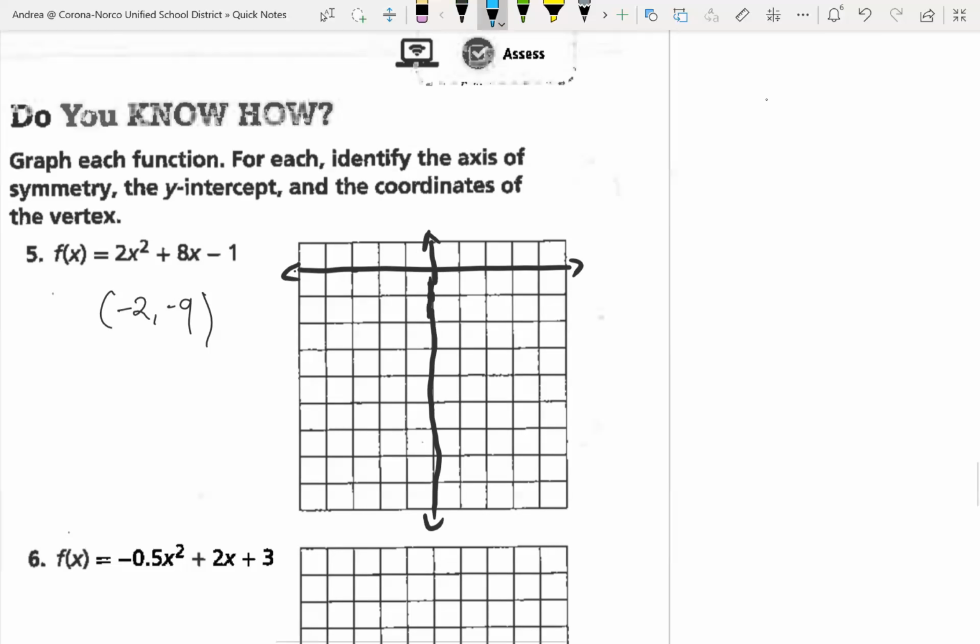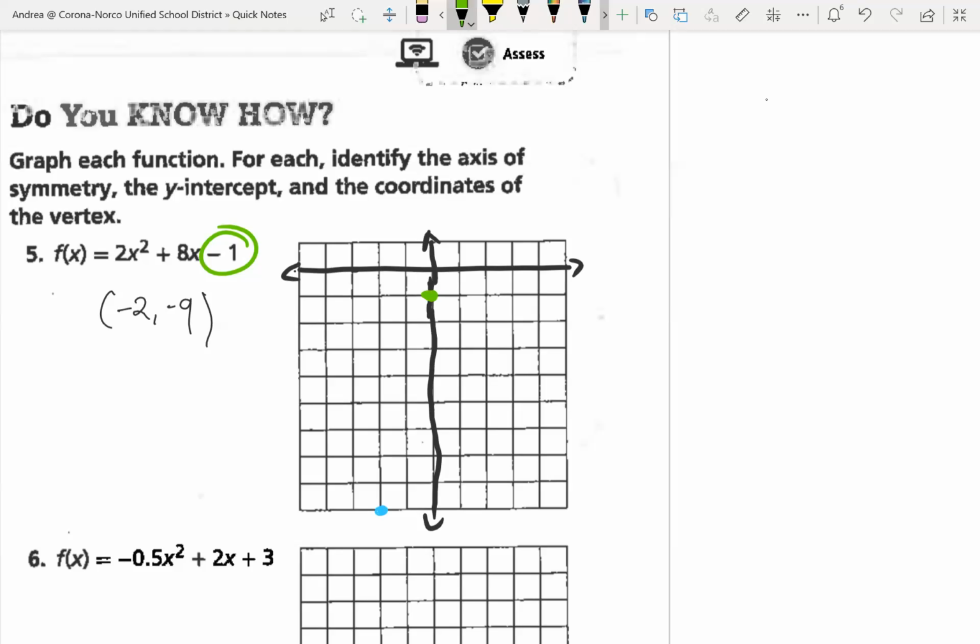So then my vertex is going to be at -2. So here's -2, and then -9 is down here. 1, 2, 3, 4, 5, 6, 7, 8, 9. Okay. And then we have to graph the y-intercept, which is at 0, -1, which is right here.